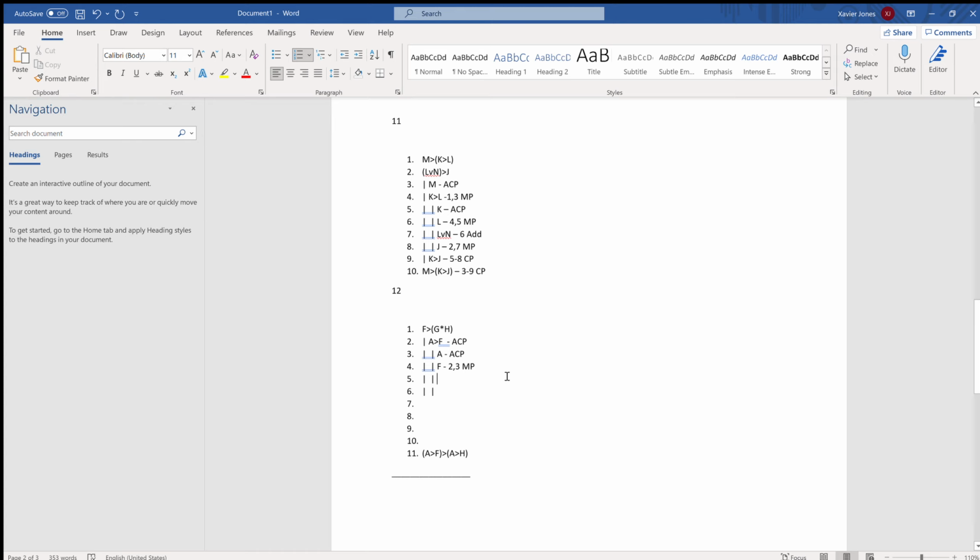So now we can prove G and H, because with this we can prove if A then H. Right? So G and H, lines 1 and 4, modus ponens.